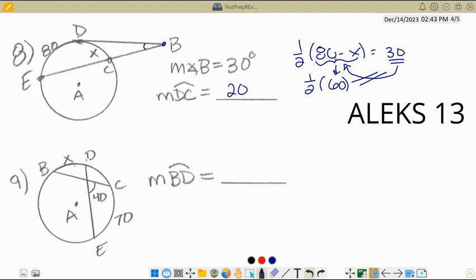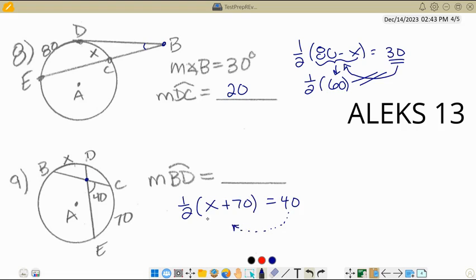You could solve this algebraically. You could multiply both sides by 2, subtract 80, divide by -1. But it's way easier just to look inside, say, hey, what does this angle need to be? BD is inside the circle, so it's equal to half the sum of the two intercepted arcs, right? So that's got to equal 40. So think about it just like we did up above.